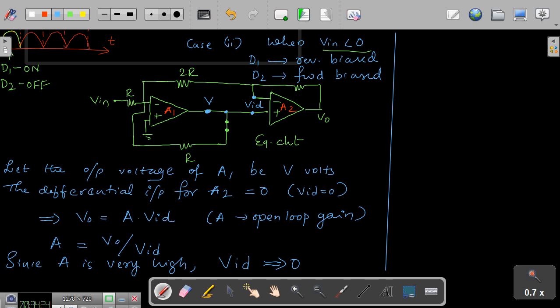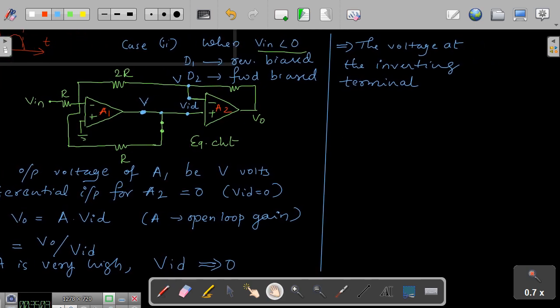You can see here, this is V. VID should be 0, means the input at the inverting terminal should also be equal to V. So this voltage I will write as V. This implies the voltage at the inverting terminal is equal to V, since VID is equal to 0 and the input at the non-inverting terminal is V.